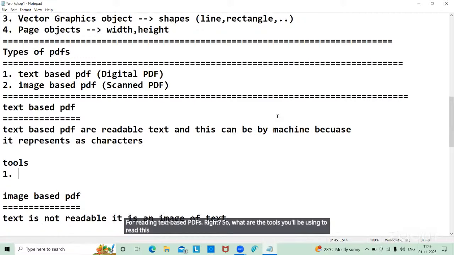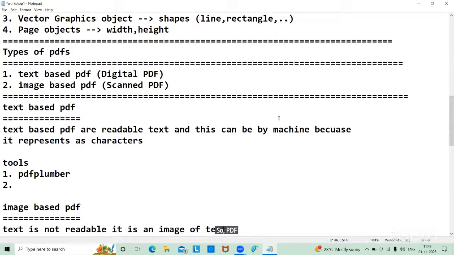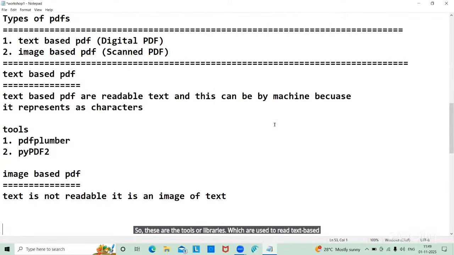A lot of tools are there, all developed by the Python community. There is a tool called PDF Plumber, and one more like PyPDF2. These are the tools or libraries used to read text-based PDFs.